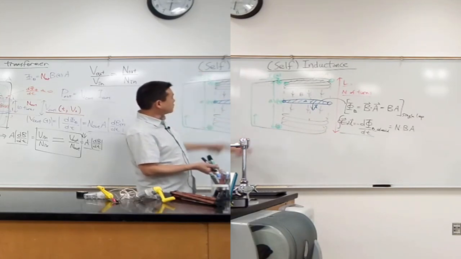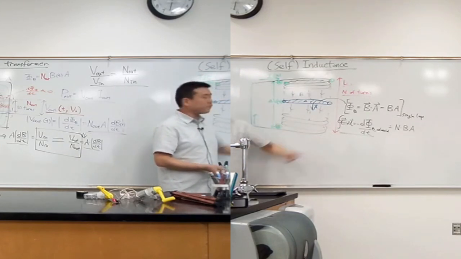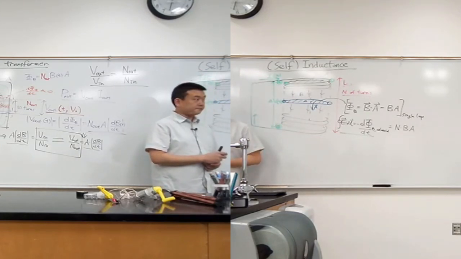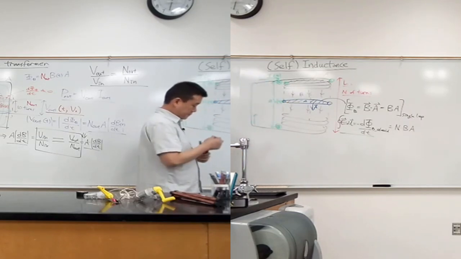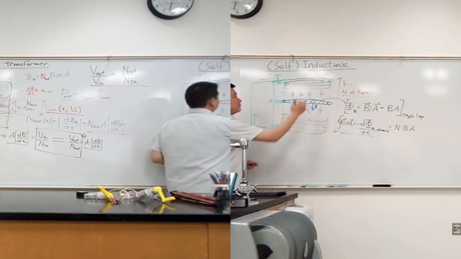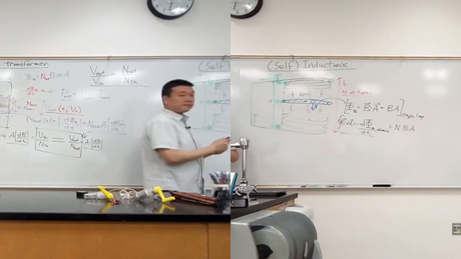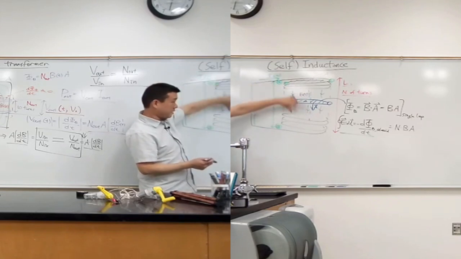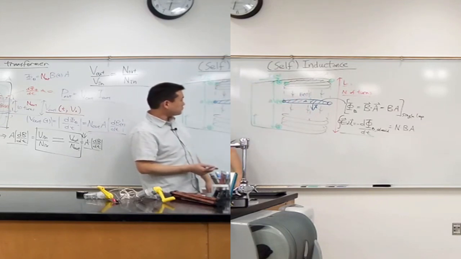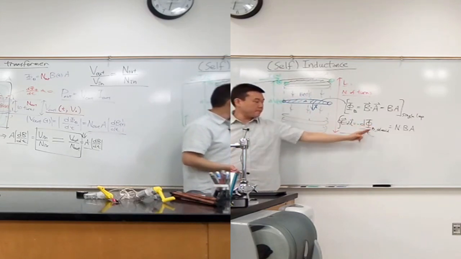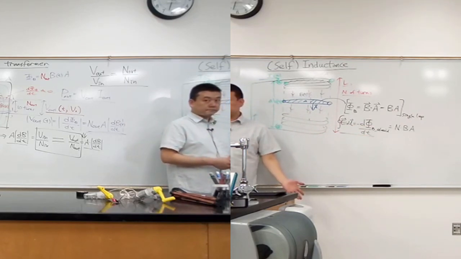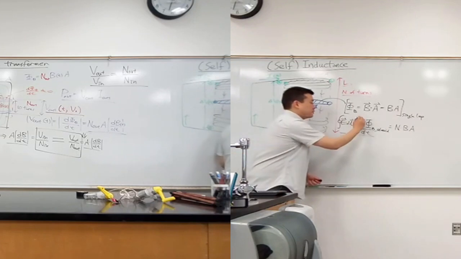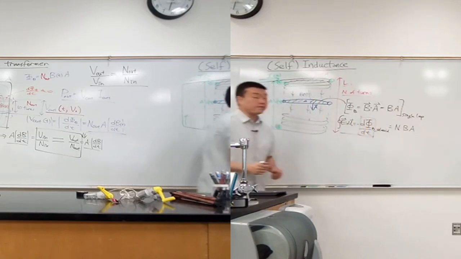If the current is increasing, what should be the direction of the electric field? If the current is increasing, then the magnetic field as a function of time is increasing, right? Your magnetic field is increasing. So this derivative d phi B dt, will it be positive or negative? Just this quantity here, the time derivative of the magnetic flux.